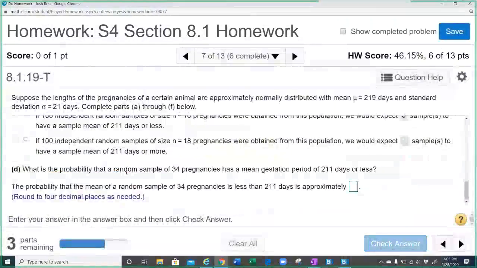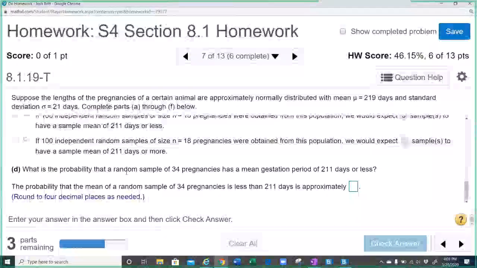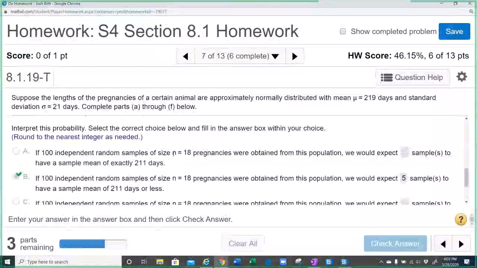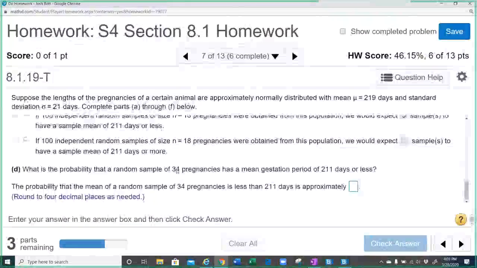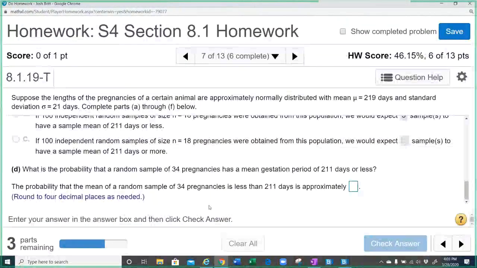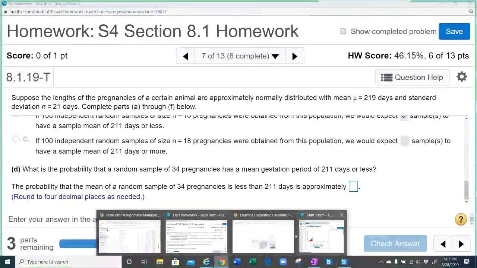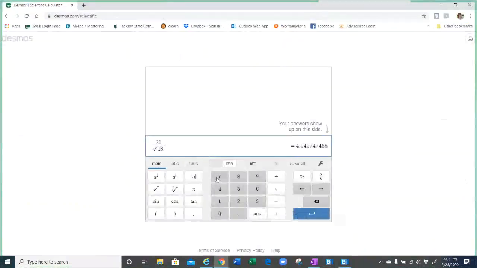And now, what do we do here? We change the sample from 18 to 34. When we do that, we have to change the standard deviation. So the new standard deviation will be 21 divided by square root 34, which gives me 3.6015.